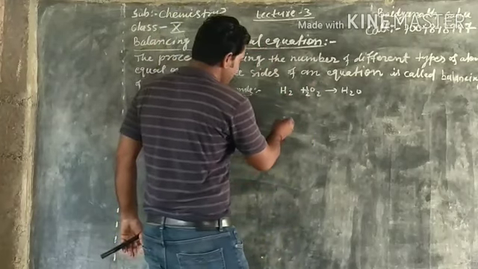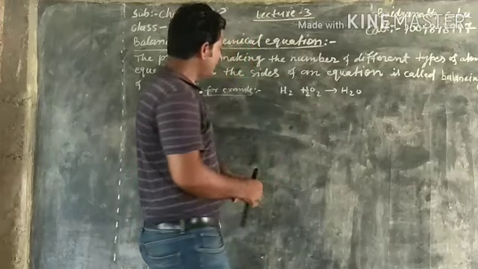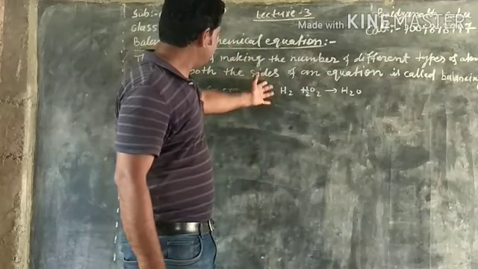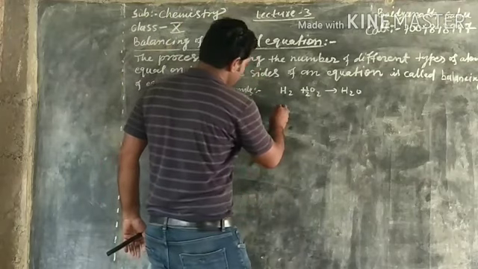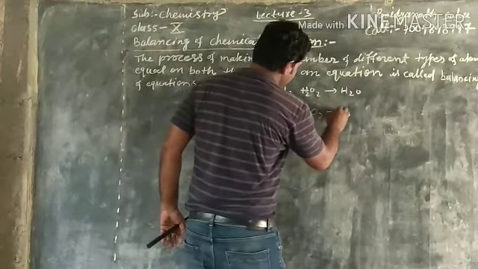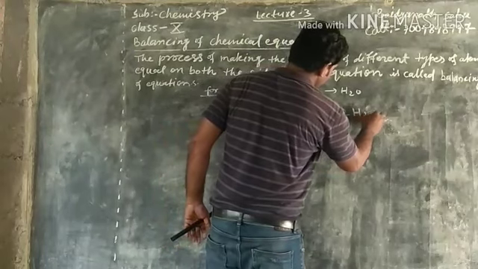Now the second example: in another way we can also balance this equation. H2 plus O2 gives H2O.